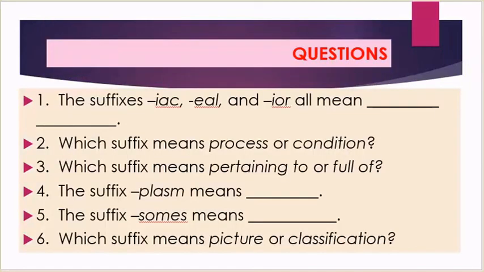Number 1, the suffixes iac, eal, and ar all mean blank blank. Number 2, which suffix means process or condition? Number 3, which suffix means pertaining to or full of?